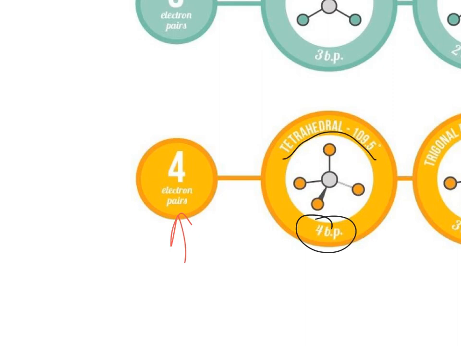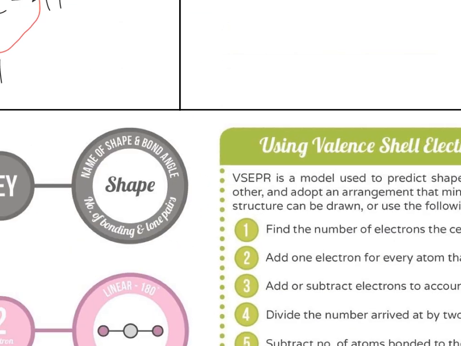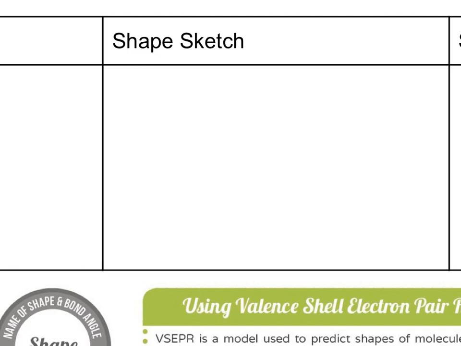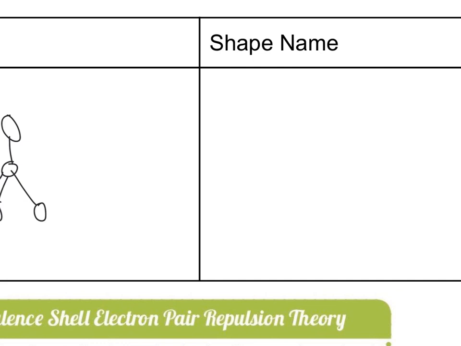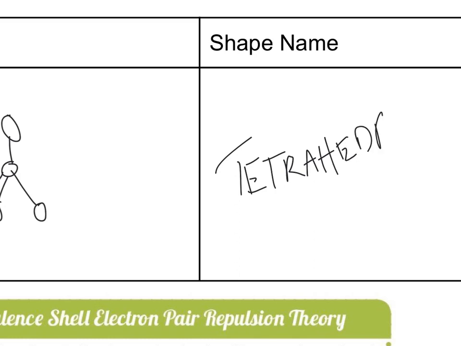That's the tetrahedral shape. Okay, so we're going to draw this shape roughly up here. The shape sketch has the carbon in the middle. Okay, 3 atoms on the bottom, another atom on the top. The shape name is tetrahedral. That's an L.